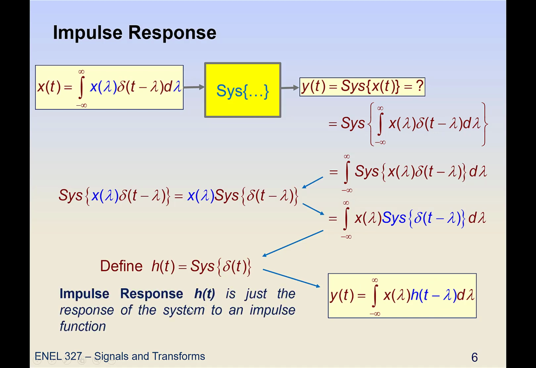So that impulse response is defined in this way, and it is defined as the response of the system to an impulse. The important thing here is, all we need to reconstruct the output for any input is this impulse response. As soon as we find that, because the system is linear and time invariant, this allows us to reconstruct x as a whole bunch of shifted and amplitude scaled impulses.